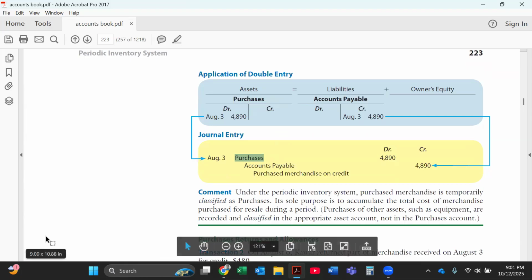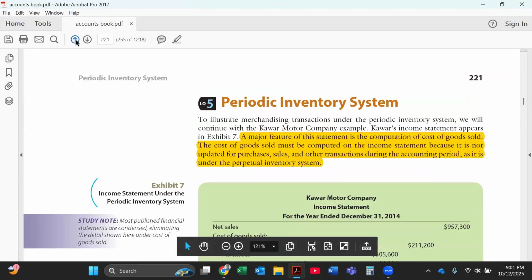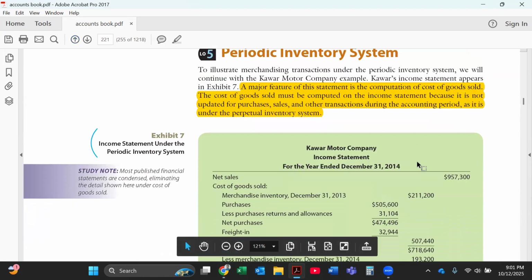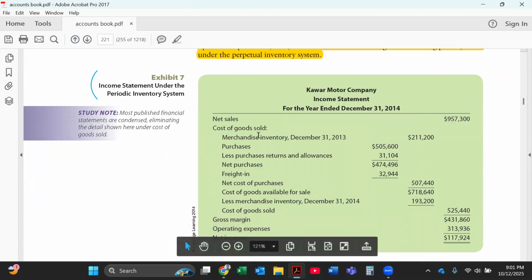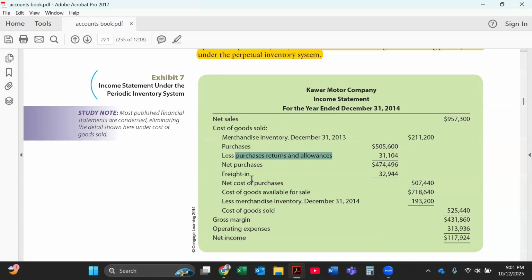I'm not using a merchandise inventory account, I'm using a purchases account underneath the periodic method. Why is this important to know, or why is it done that way? Because you need the different totals in order to calculate your cost of goods sold. So there is a purchases account. There is a purchases returns and allowance account. There is a freight in account. Everything else is calculated except for merchandise inventory.